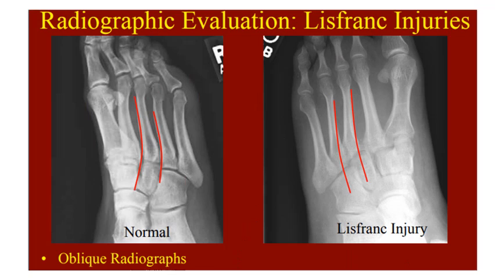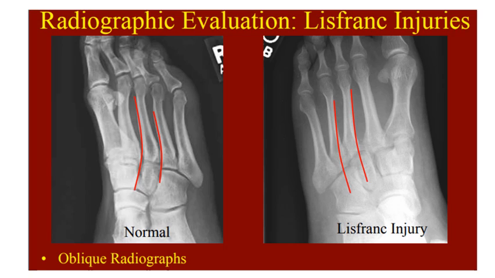Now, next, this is your oblique view. Let's see with the third. This is your first, second, and third. Left side is your normal X-ray of the oblique view. The medial end of the third metatarsal is in alignment with the medial end of the lateral, that is the third, cuneiform.